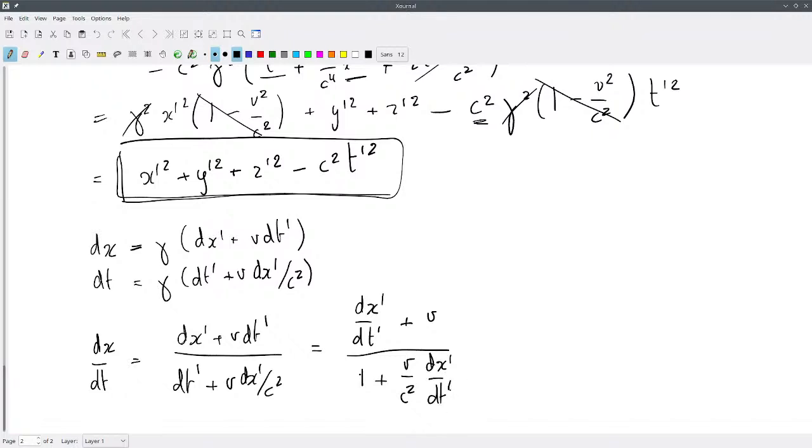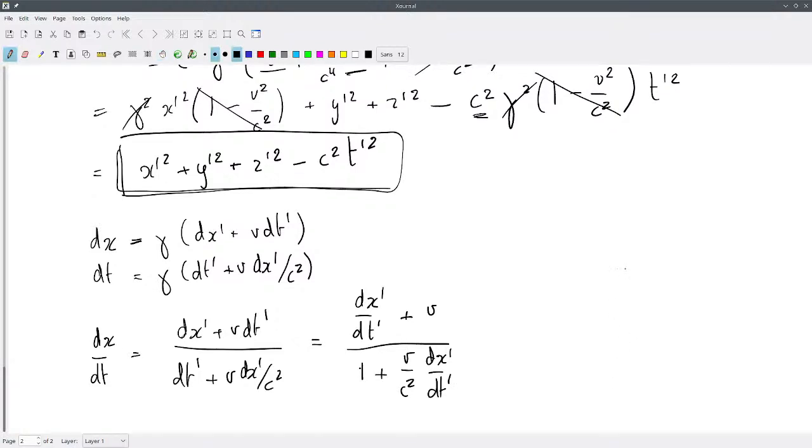So what that indicates is that we have a conversion from our ux, that's the velocity that something has in the original fixed reference frame, to ux prime, which is the velocity that something has in the moving reference frame.